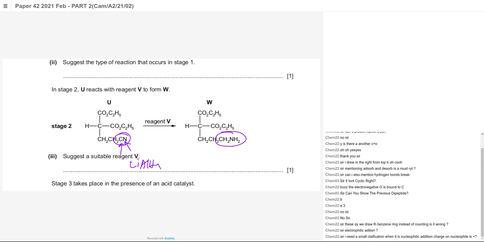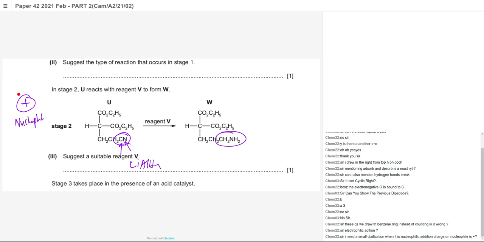There's a question: I need a small clarification about nucleophilic addition. Is the charge on the nucleophile positive? A nucleophile is a nucleus-loving species. So how can a positively charged species be a nucleophile?